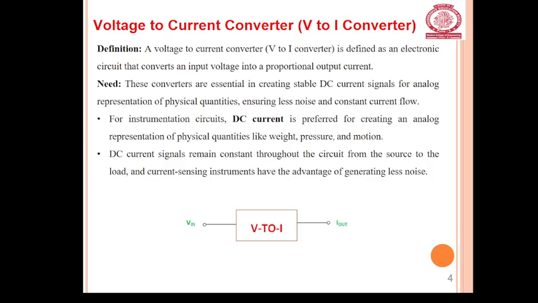First, voltage to current converter. As its name indicates, it is a circuit which converts the input voltage into proportional output current.